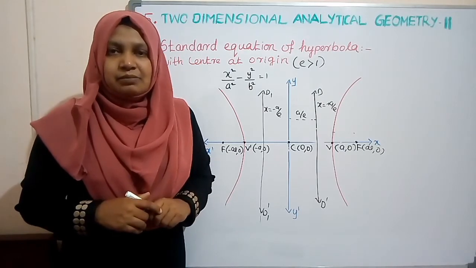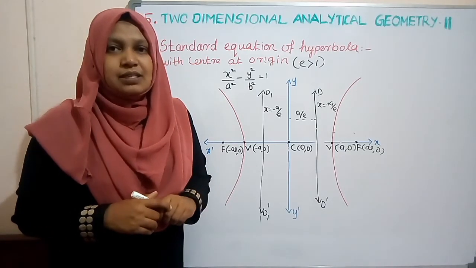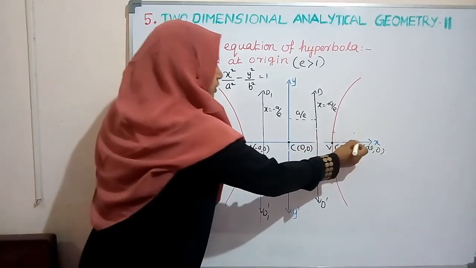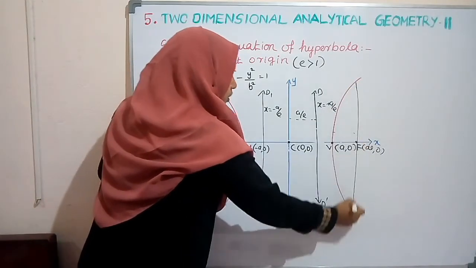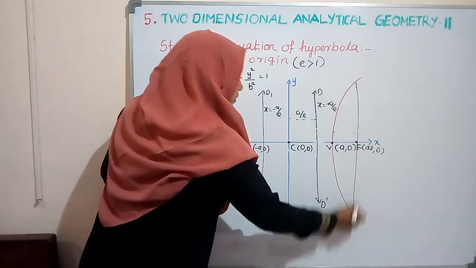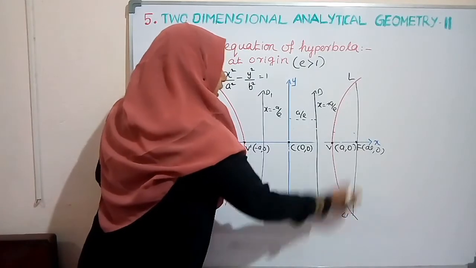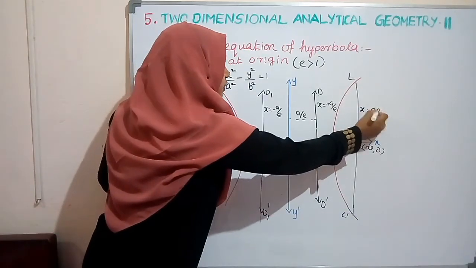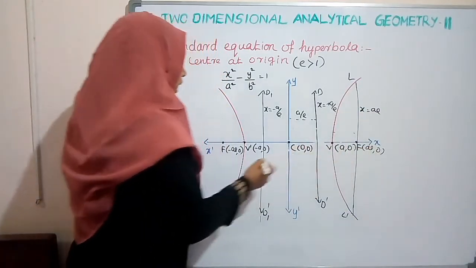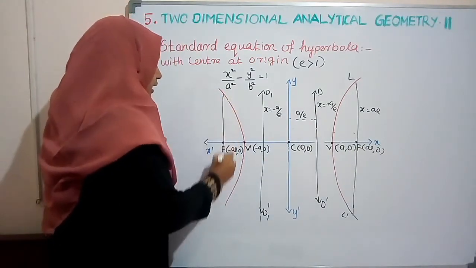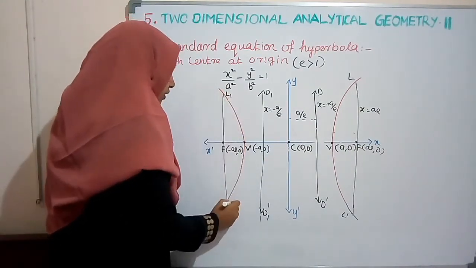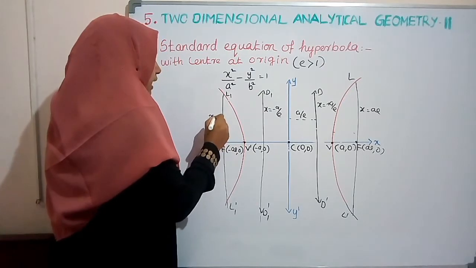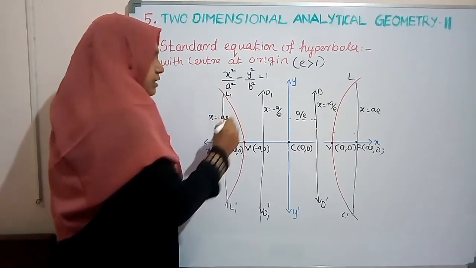And the latus rectum, yes, it is through the focus. So we can draw the latus rectum also. It is L, L dash and its equation is x is equal to ae because it passes through ae, 0, and this side it is L1, L1 dash and it is x is equal to minus ae.